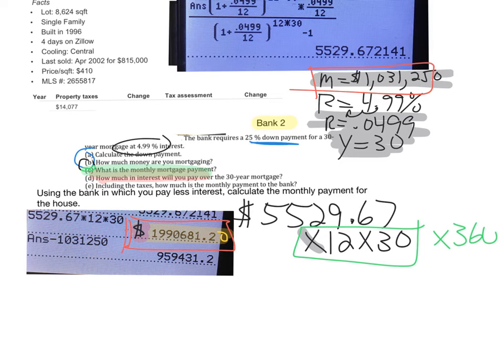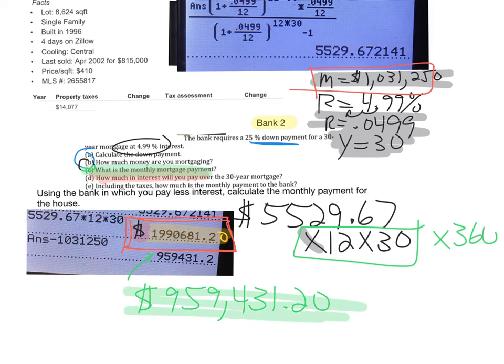So you're going to take what you're paying back minus what you borrowed, and here's the key number. Here's the interest that you're paying, $959,431.20. So that's the answer to Part D, how much in interest you're paying.